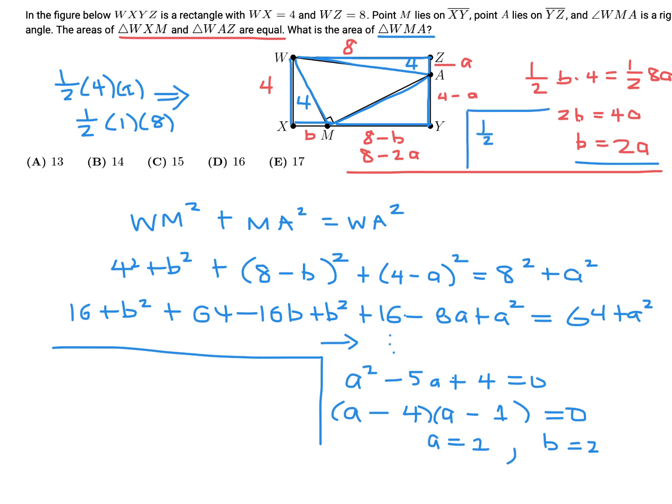The base looks to me like 8 minus B, so that's 6, and the height would be 4 minus 1, which is 3. So that's 9. And then the full area was just 8 times 4, which is 32. So to get the area of the inner guy, it would just be 32 minus 4 minus 4 minus 9, and that, I believe, is 15. So there we go. That would be C.